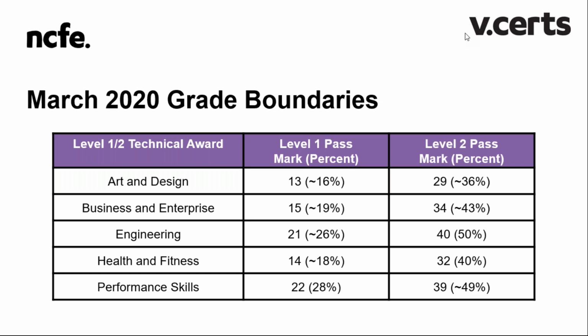So to get a level 2 pass, that's how much they had to achieve. So in many cases, just that AO1, the recalling knowledge, could have actually secured some learners a level 2 pass. The grade boundaries for any of these exams are found within the Chief Examiner's Report.